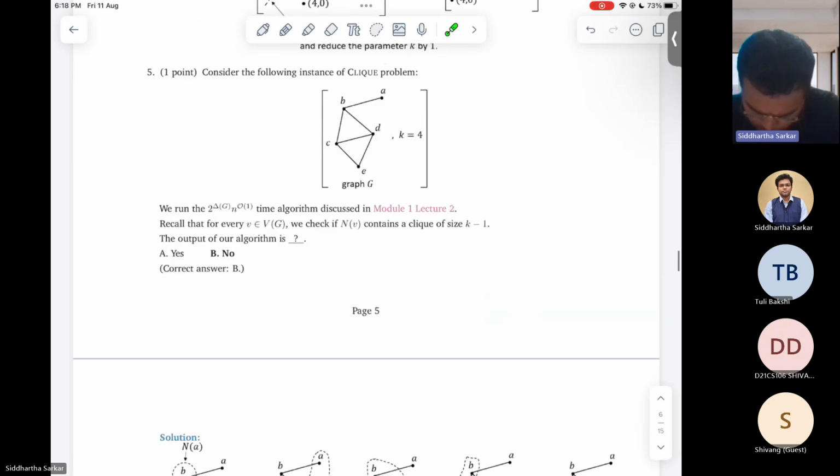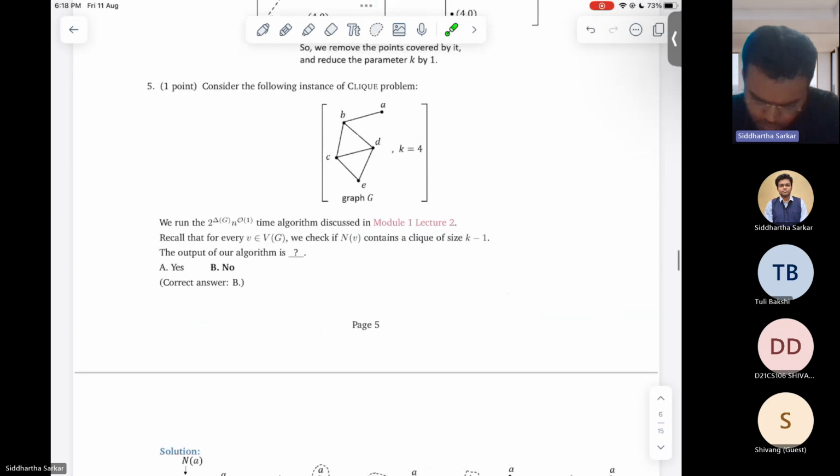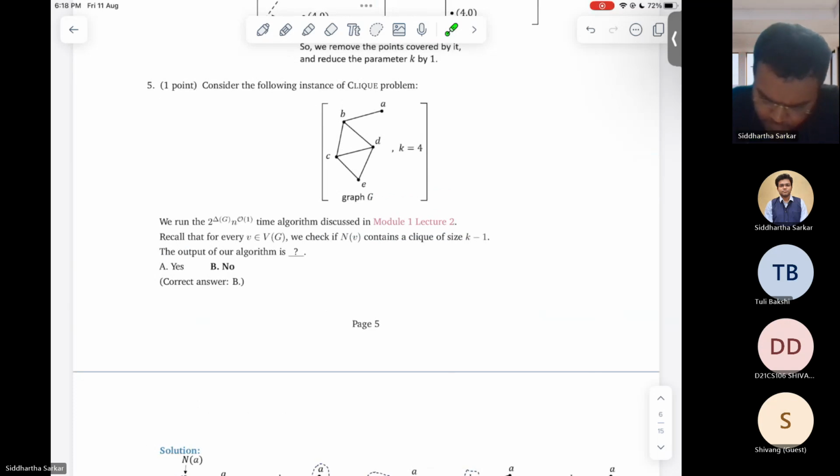This problem, I don't recall whether we looked at it. Yes, so in this question, I think I defined what a clique was. So the question is, in this graph, does there exist a complete graph of size 4?